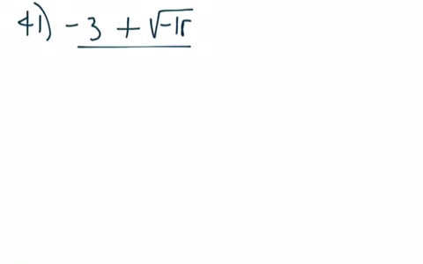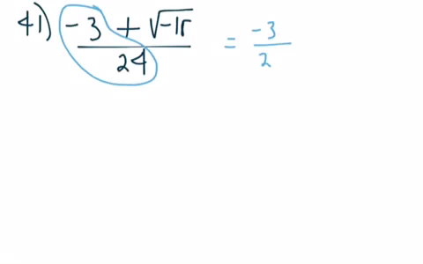Another one similar to that is number 41, which has negative 3 plus the square root of negative 18 all over 24. So if we do this part, negative 3 over 24 is negative 1/8 plus the square root of negative 18 over 24.